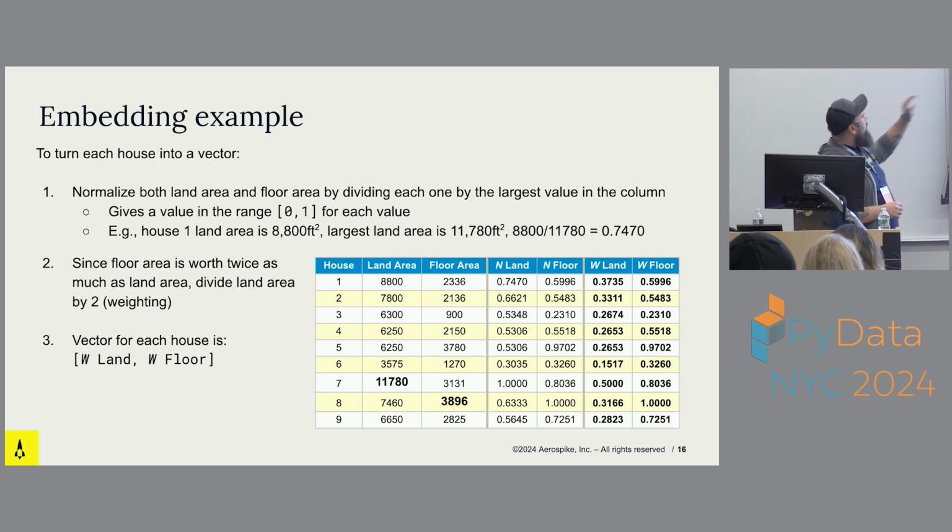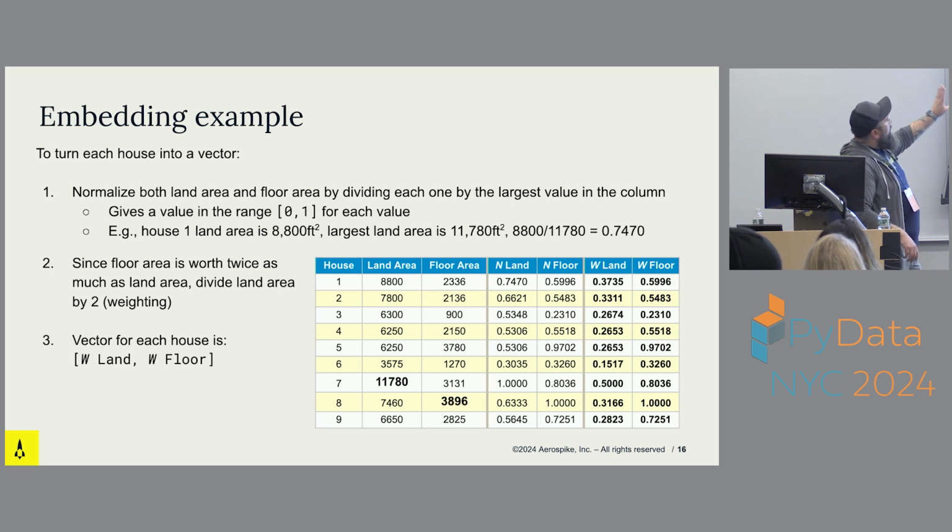So here, the example, we've got house 1, right? Land area of 8,800 square feet. We've got the largest land area of 11,780, right? So we're going to divide 8,800 by 11,780 and we get 0.7470.